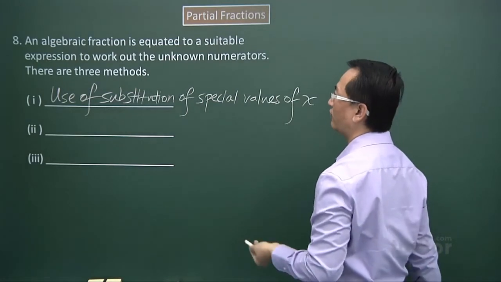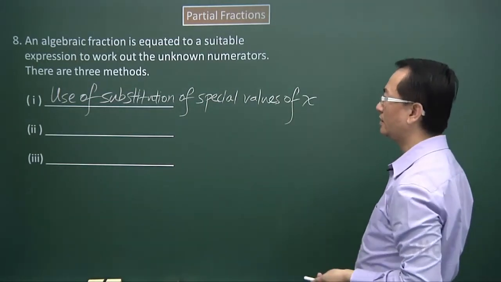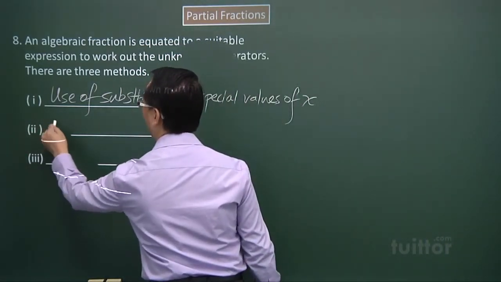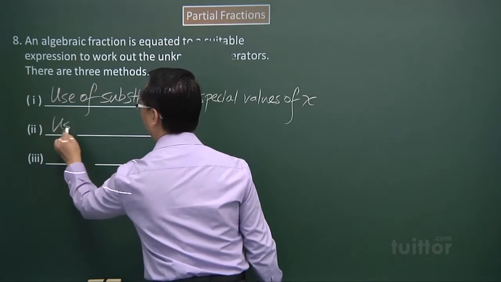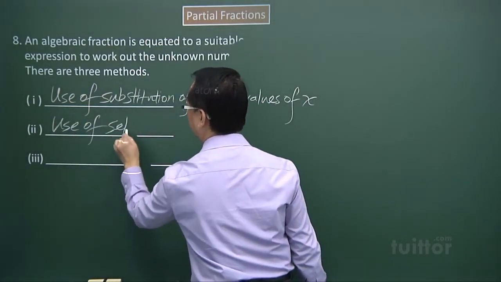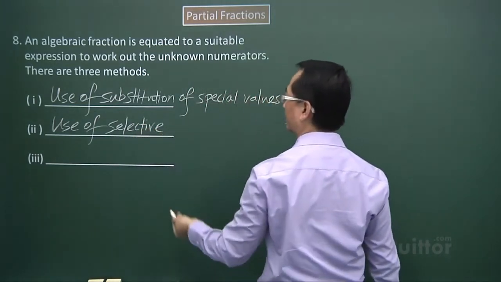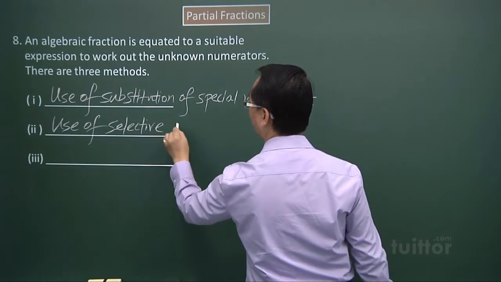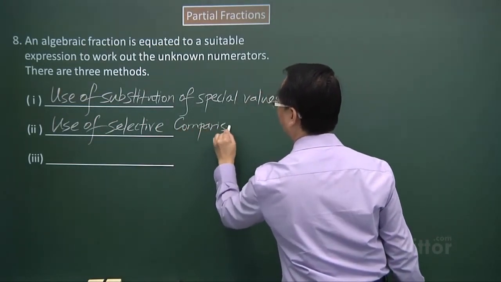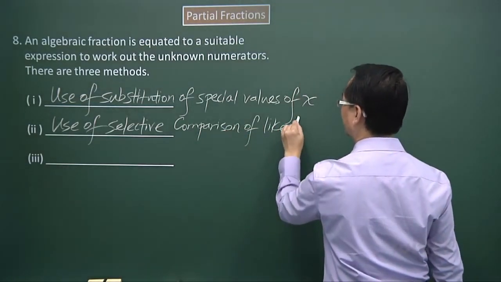values. So use of substitution of special values of x, that is one. The other is the use of selective comparison of like terms.